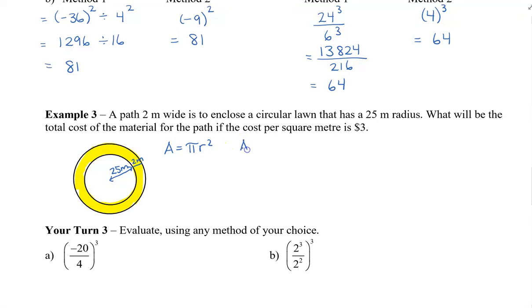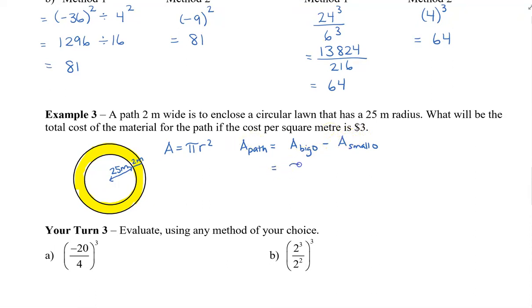So the area of the path, and I'll put a little subscript, is equal to the area of the big circle minus the area of the small circle. And then when we want the cost, we then have to times it by the $3. So let's do this part first.